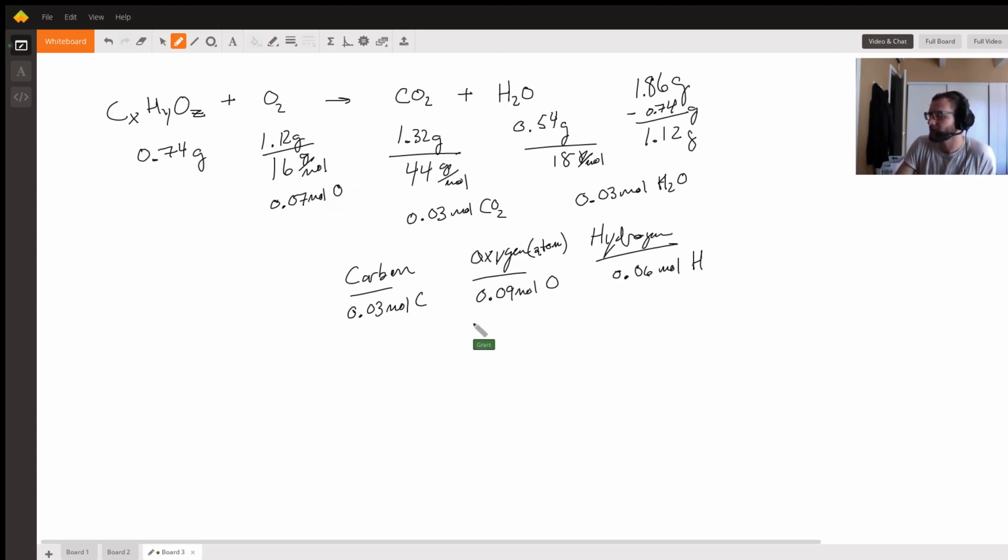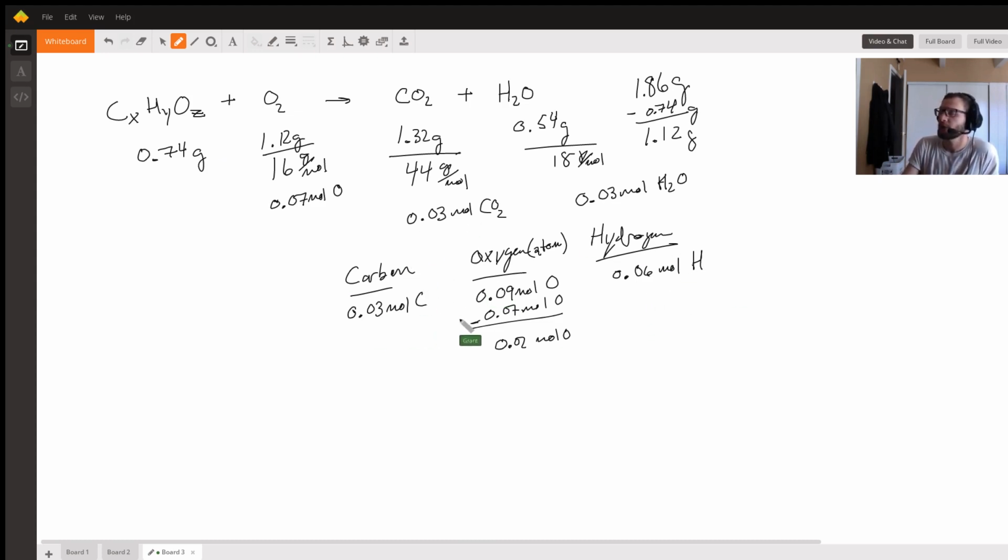Then we subtract that from here: 0.09 minus 0.07 moles of oxygen gives 0.02 moles of O. So this is what our unknown is made of: 0.03 moles of carbon, 0.02 moles of oxygen, and 0.06 moles of hydrogen.